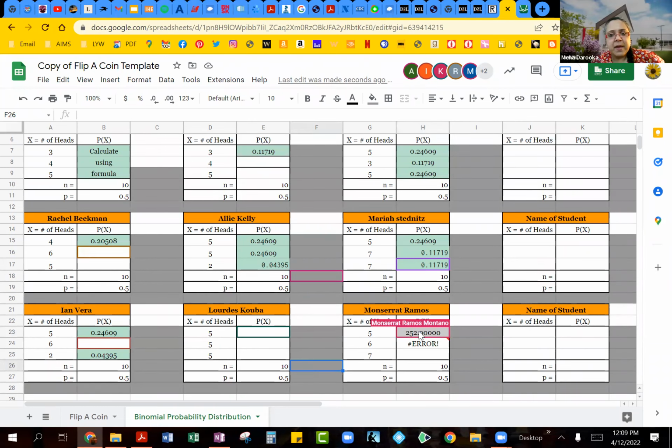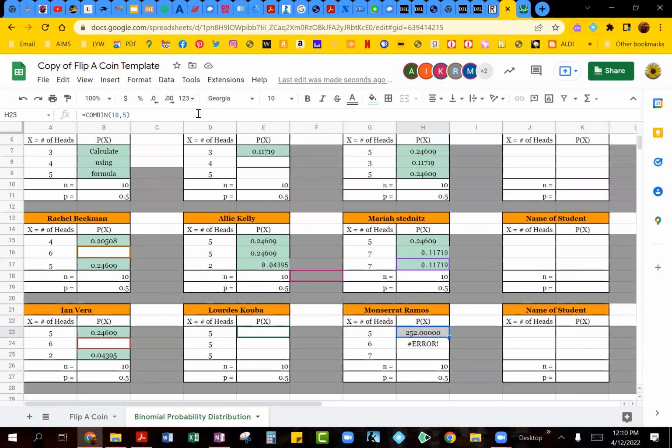It didn't show up at my end yet. So yeah, just go after the parentheses after you've typed in the combination, and then you would be typing in the multiplication. And then that would be what, minus 10 too?